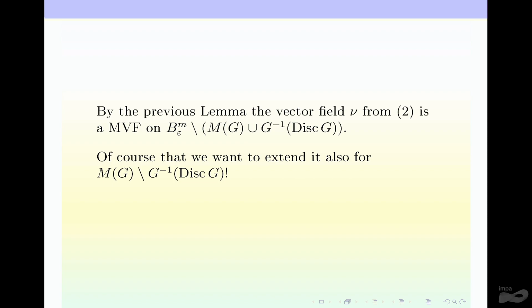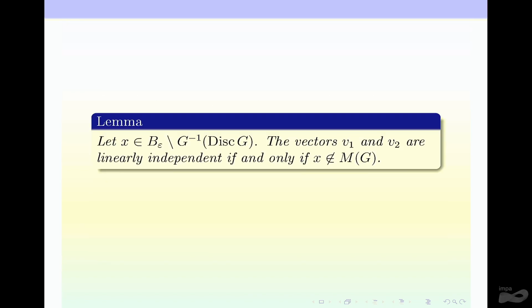So what can we say about these? By the previous lemma, if you consider nu x this way, of course this is a Milnor vector field for G, but here we removed also the Milnor set of G. What such a lemma claims is that outside the Milnor set of G, these two are linearly independent.